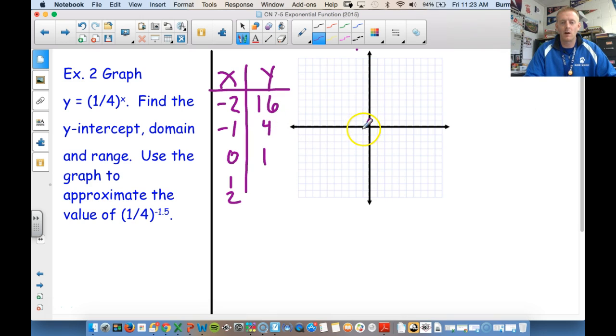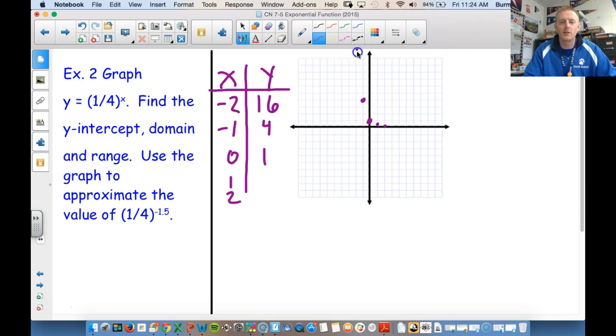So left 1, up 1, 2, 3, 4. And then we're going to have a 1 power. So to the right, we're going to have a point at 1/4, and then 0.25 to the second power is a 0.06. Woof! So it's really, really close to the 0.